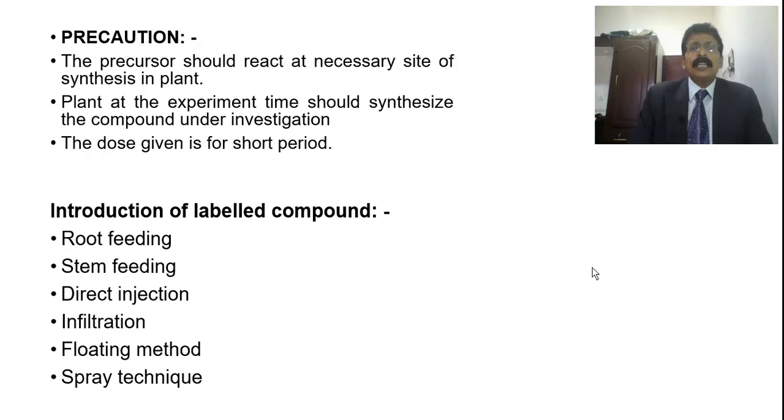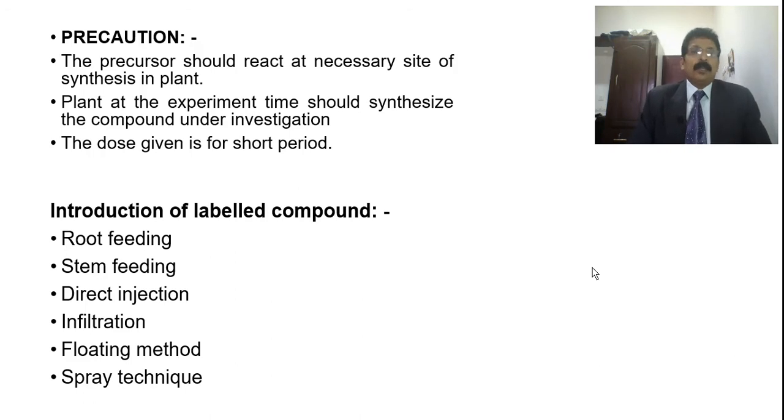Now, introduction of the labeled compound. How are you going to introduce the labeled compound into the plant for your experiment? You have studied tissue culture and know how laboratory plants can be developed, so the experiment can be performed in the biotechnology lab itself.